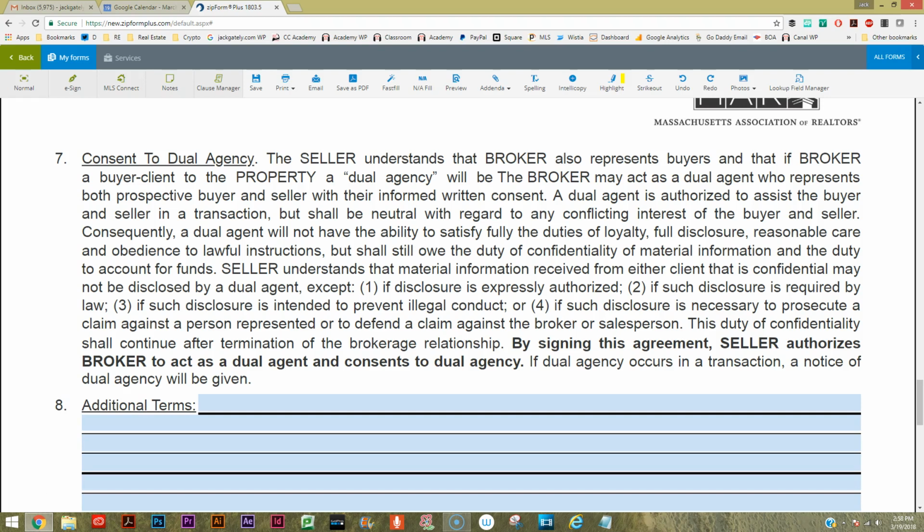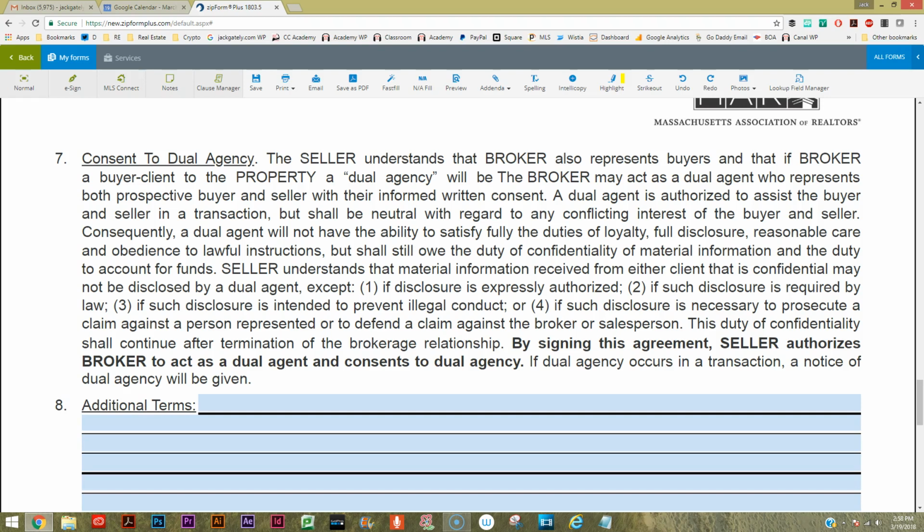So remember, you want to get that consent to dual agency written and in advance. And the one way to get it in advance from the seller is to have it built right into the listing agreement. Otherwise, when you're talking to a buyer, you have to have that form ready so that you can get them to consent to the dual agency before you get into the details of their offer.